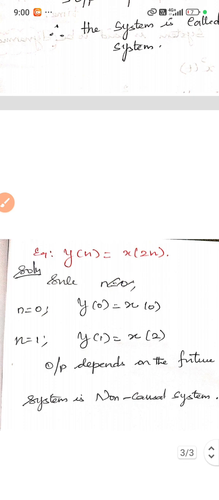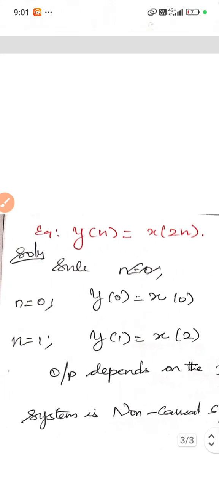Next, see the question y of n is equivalent to x of 2n. This is also a discrete system. Substituting n is equal to 0, y of 0 is equal to x of 2 into 0, which is x of 0. Again, substitute n is equal to 1: y of 1 is equivalent to x of 2 into 1, which is x of 2.